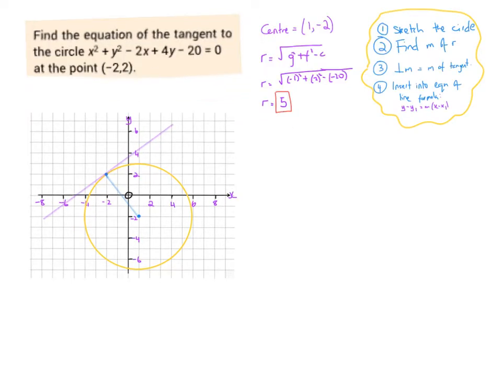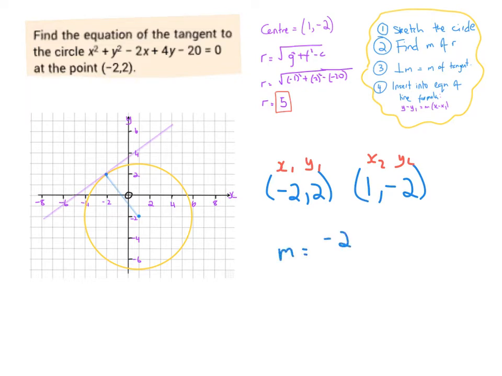Okay, so to start us off then, we have the point is minus 2 comma 2. Our center is 1 comma minus 2, so we're going to get the slope of that line. So we've x1, y1, x2, y2, and so m is going to be equal to minus 2 minus 2 all over 1 minus minus 2, which is equal to minus 4 over 3.